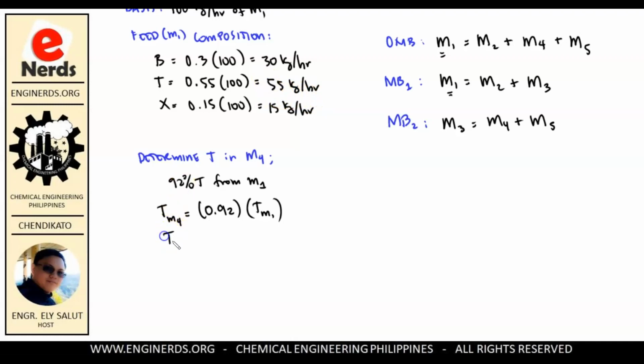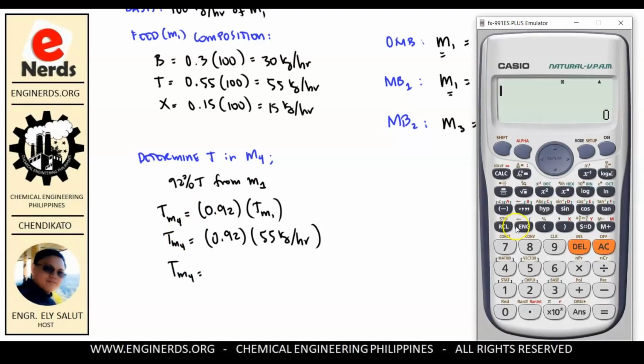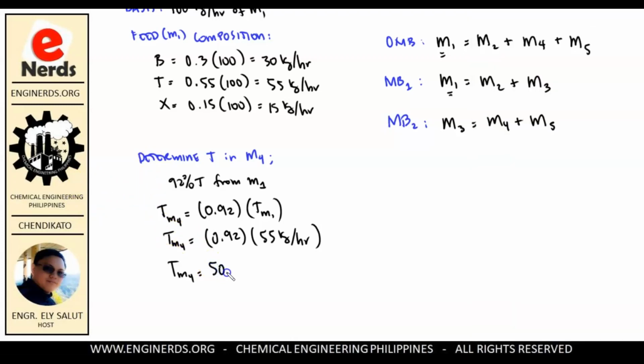Right? So therefore, our toluene in M4 is equal to 0.92 times toluene from M1, which is 55 kilogram per hour. So therefore, our toluene in M4 is equal to, we have 0.92 times 55, and this is equal to 50.6 kilogram per hour.